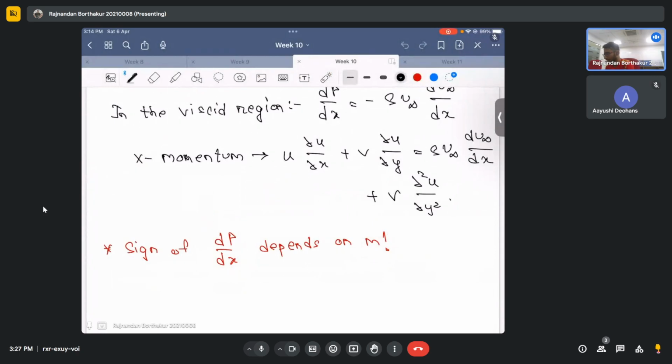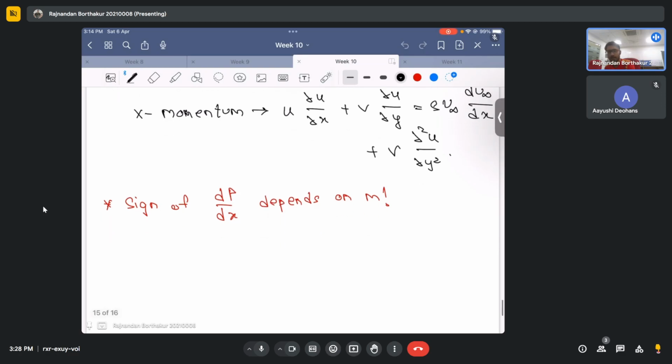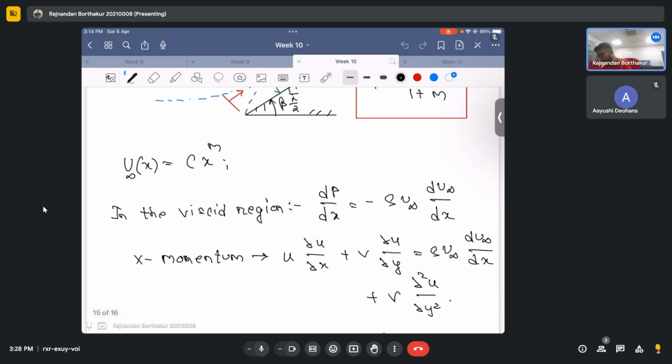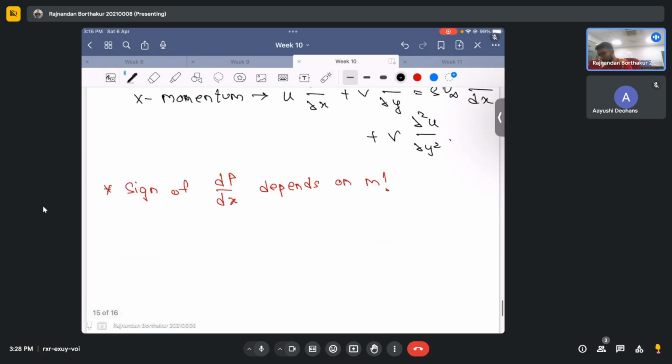So now we'll do a short exercise and you will try to understand how this dp/dx changes with the changing wedge angle, and then you will understand how adverse pressure gradient or favorable pressure gradient come into this picture. I hope this equation is clear. I don't need to tell you how I got this equation. This is very simple, we did it in the last class.